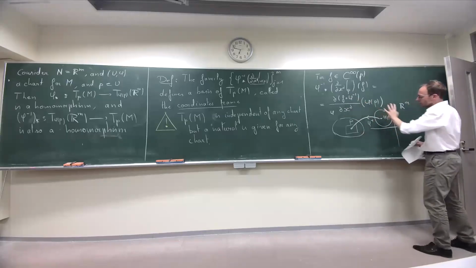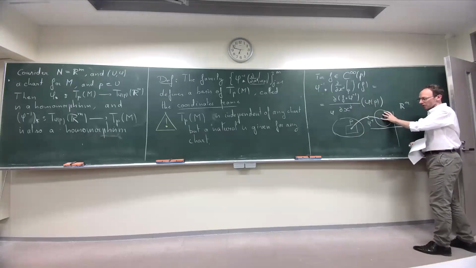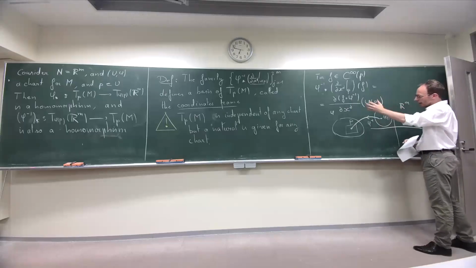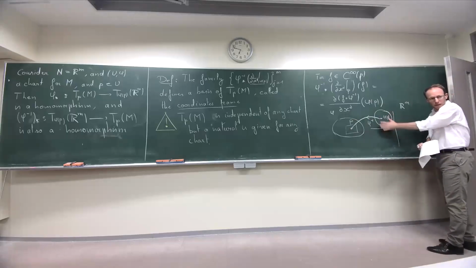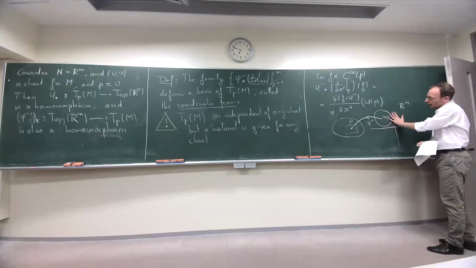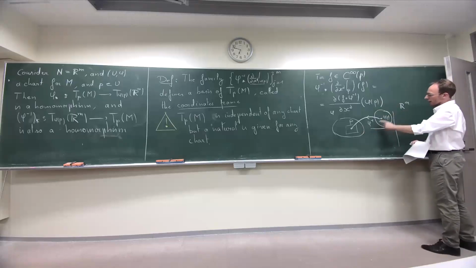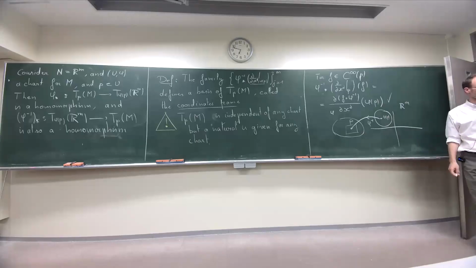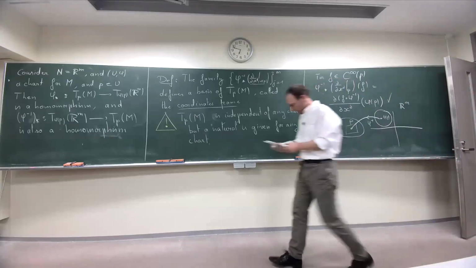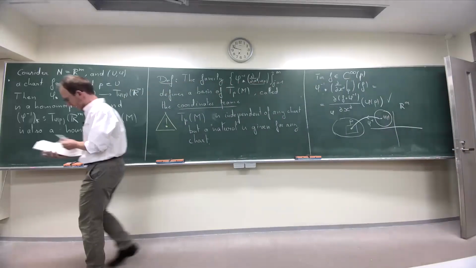So this composition is now a function defined on R^m with values in R, and you take a partial derivative. We know that we can take partial derivatives for functions on R^n, and we evaluate at this point. So this formula, I would say, is completely natural. And this is just by our construction.